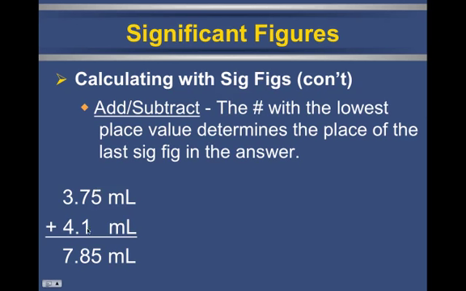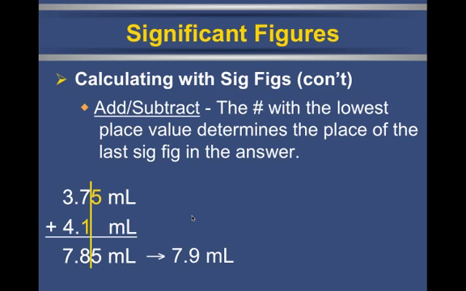The least precise place value in the bottom number is the tenths place. So our final answer can only go to the least precise place value, which is the tenths place. So our final answer, we would have to round to 7.8. That 5 makes that 8 go up to a 9.